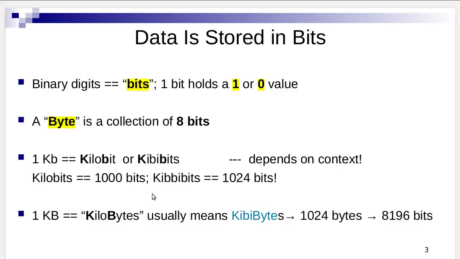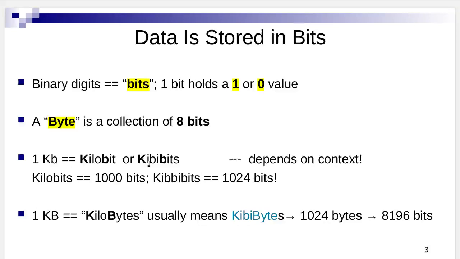You might have also heard about kilobits. The unfortunate thing about the term kilobit is it's ambiguous what exactly it refers to. In common usage, a kilobit is 1,000 bits, but it turns out most people use kilobit to actually mean something else. They often mean 1024 bits, which officially is a kibibit, but unfortunately no one uses this.